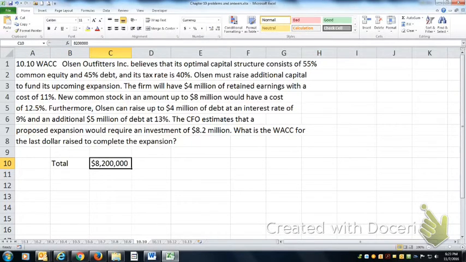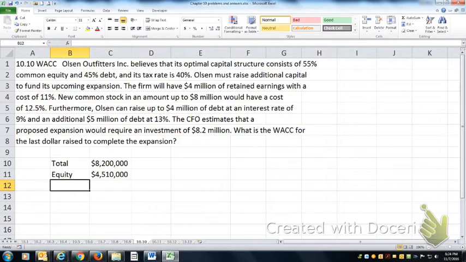$8,200,000, of which the amount that'll be equity would be 55%. So they can raise $4.51 million of equity, and that'll be $4 million of retained earnings, and that won't be enough.